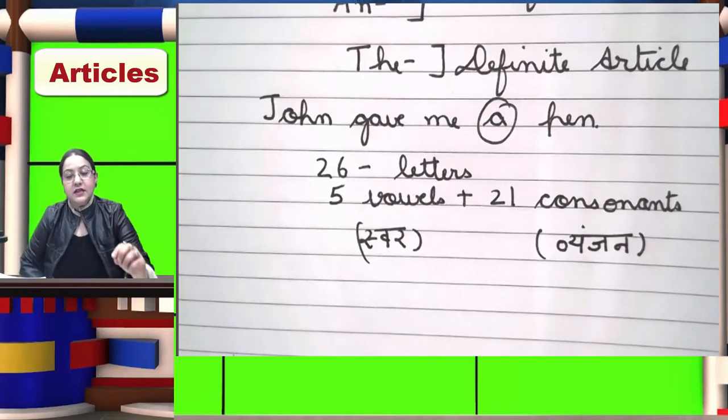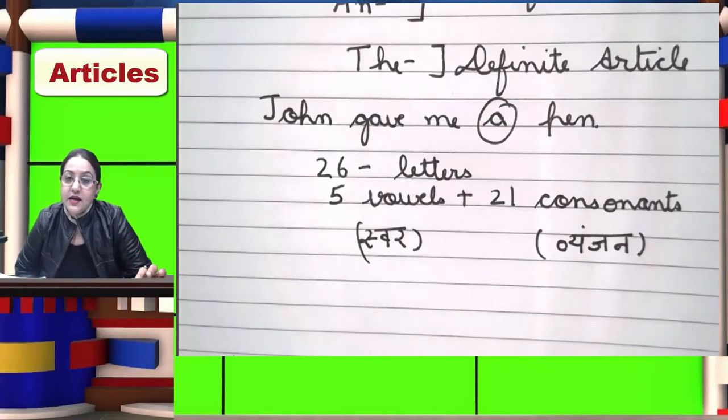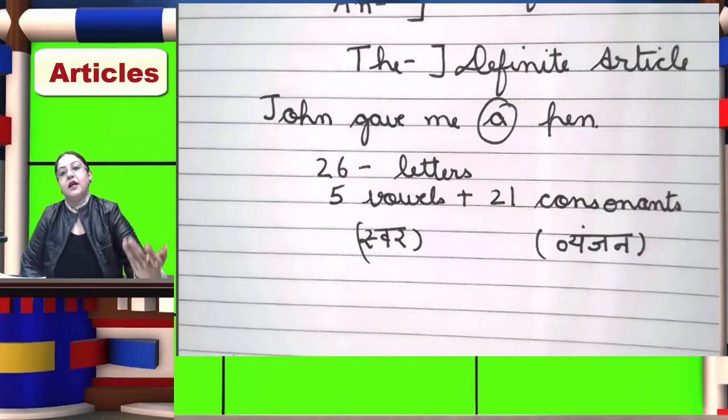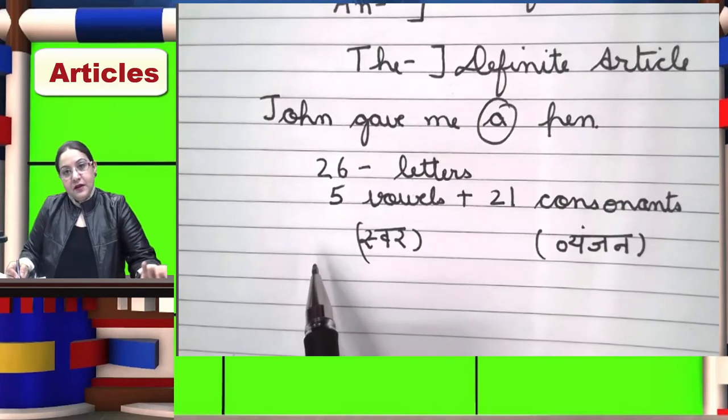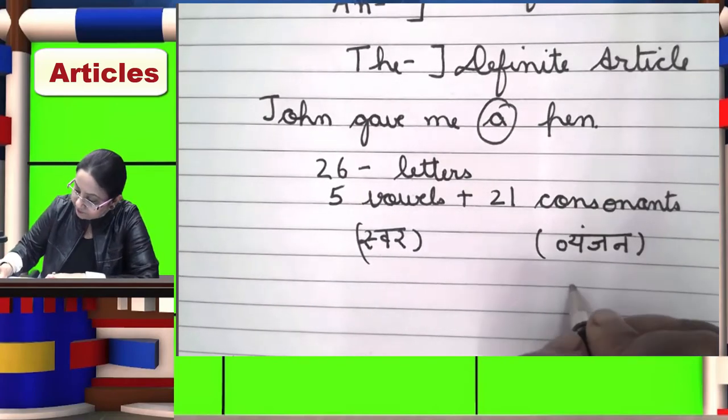So if my word starts with the sound of a, e, i, o, u, then I am going to put an in front of that word. But if my word starts with any sound like k, kh, g, gh, other than the swar, or in English if my word starts with B, C, D, F, G, H, J, K, meaning all the letters other than my 5 vowels, then I am going to use a.